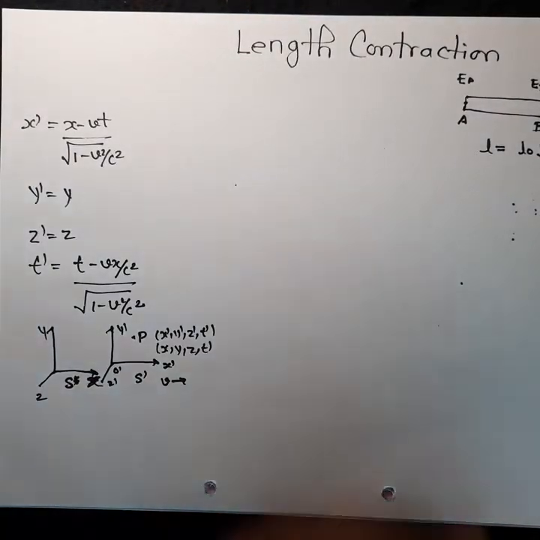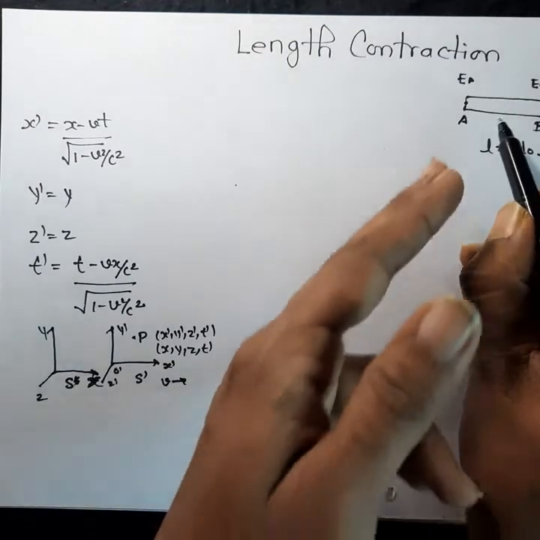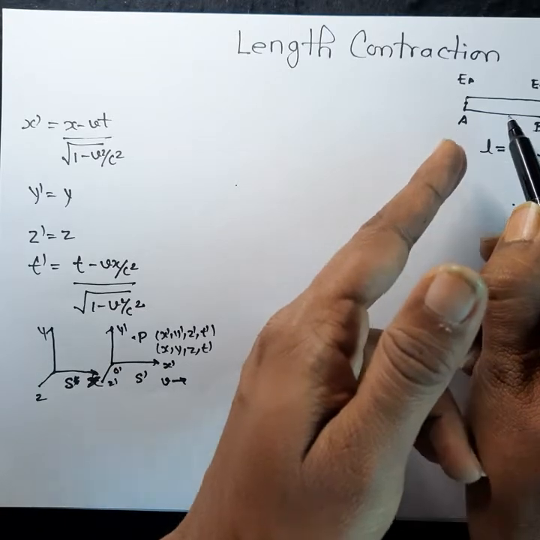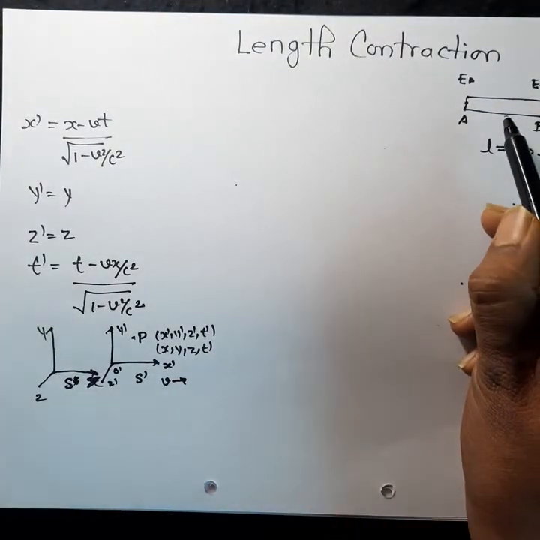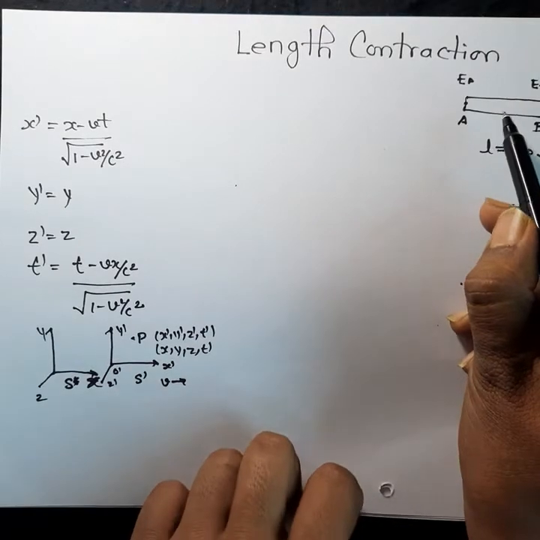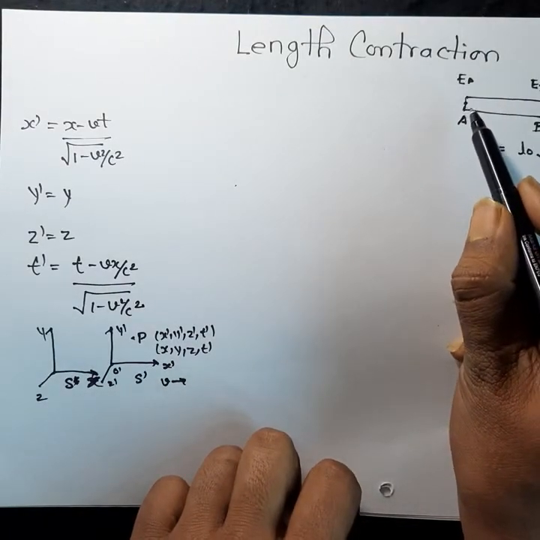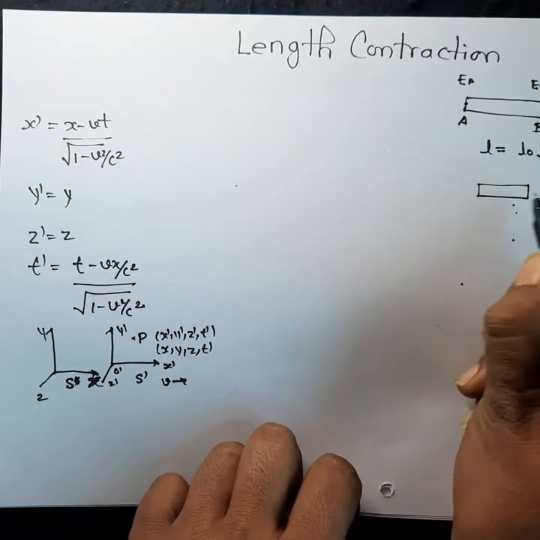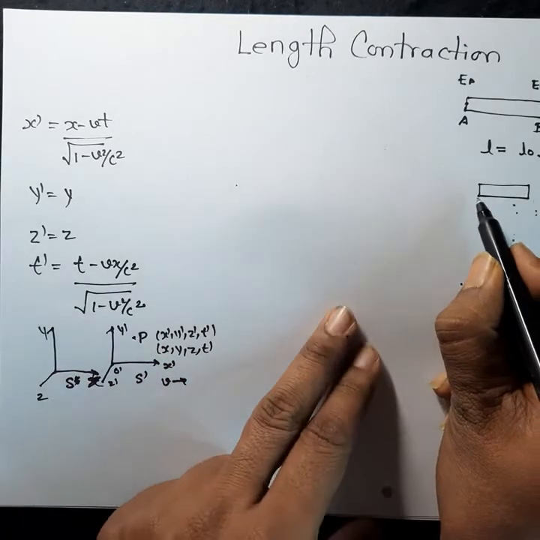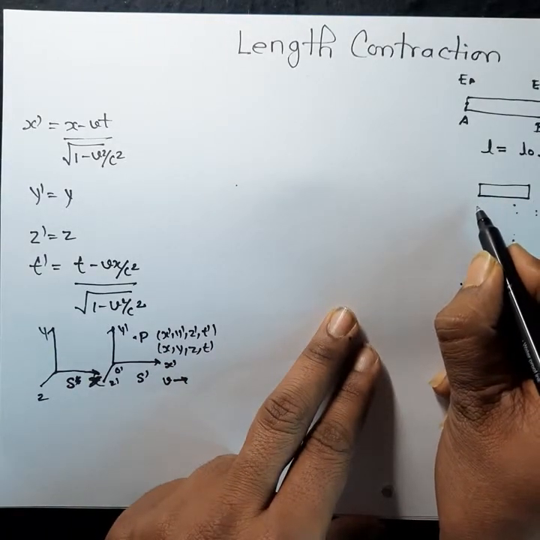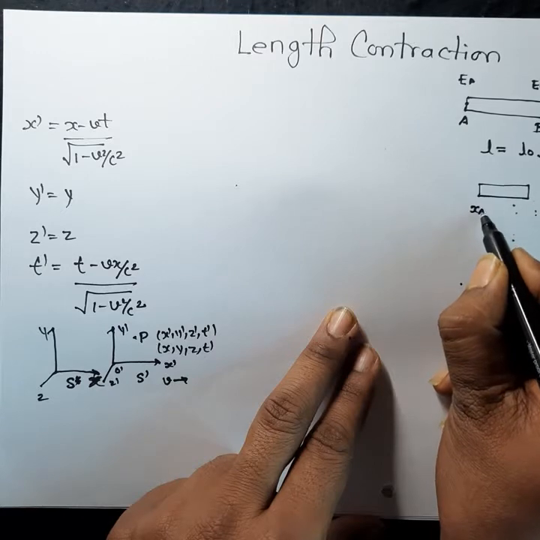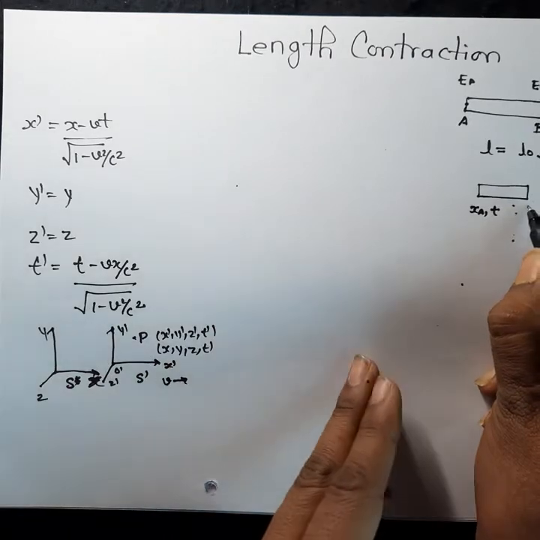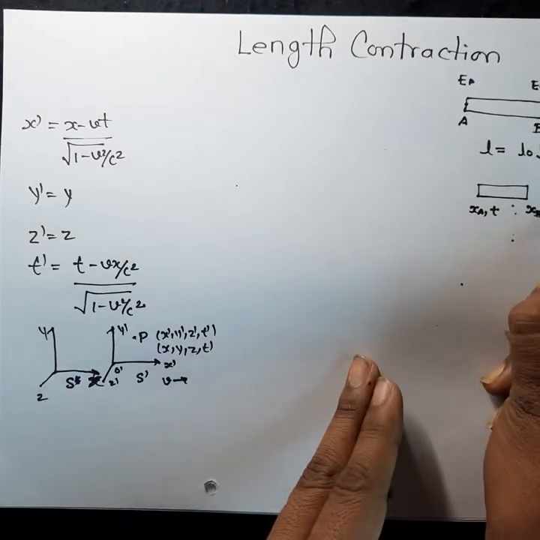But suppose this rod is moving. When the rod was not moving with respect to the observer, there was no restriction on the observer at what time to measure A and at what time to measure B. But if this rod is moving with some velocity, and you measure xa at time t, then you are restricted to measure the other end xb at the same time t.